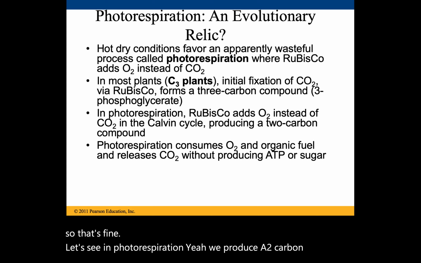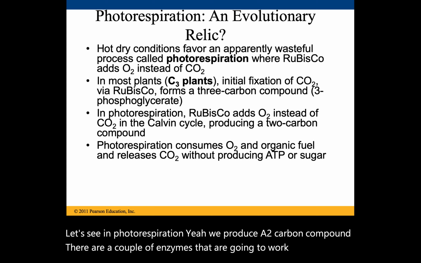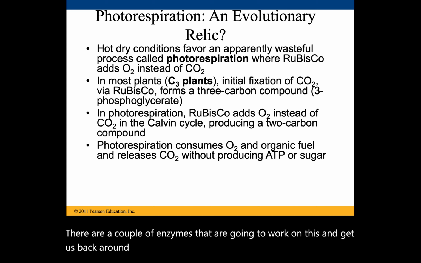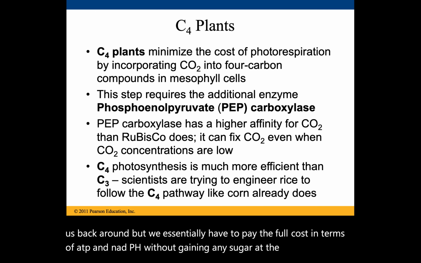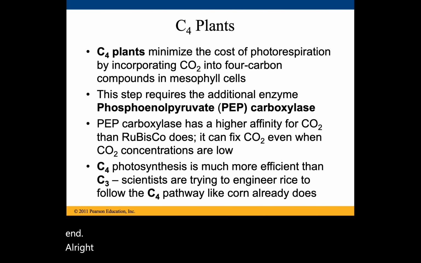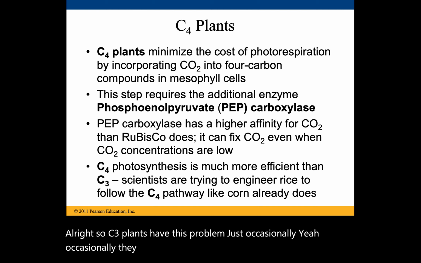There are a couple of enzymes that are going to work on this and get us back around, but we essentially have to pay the full cost in terms of ATP and NADPH without gaining any sugar at the end. All right, so C3 plants have this problem. Just occasionally they misfire, and Rubisco is going to put in an oxygen molecule instead of a CO2.